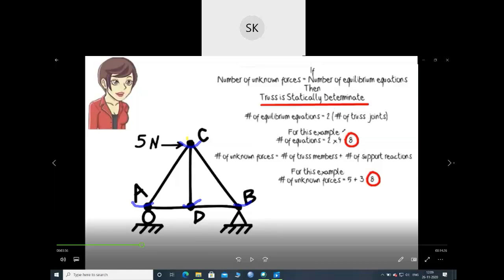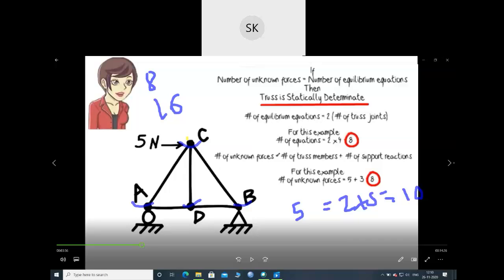You have to double the joints to get the number of equilibrium equations generated by this truss. Suppose I have 5 joints, so my equations will be 2 into 5, that is, I'll have 10 equations. Got it? If I have 8 joints, my equilibrium equations will be 16. Okay, so that's how we can find the number of equilibrium equations.